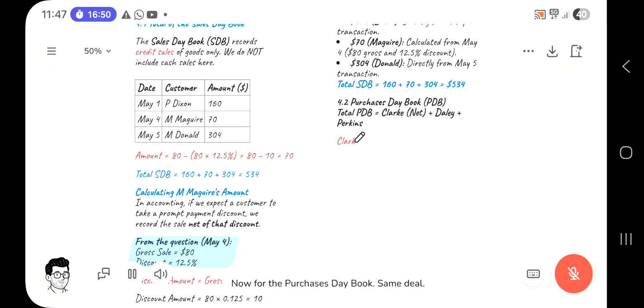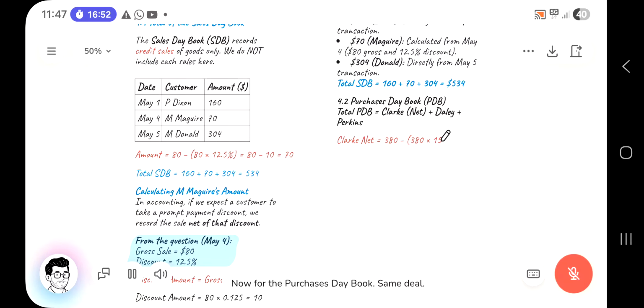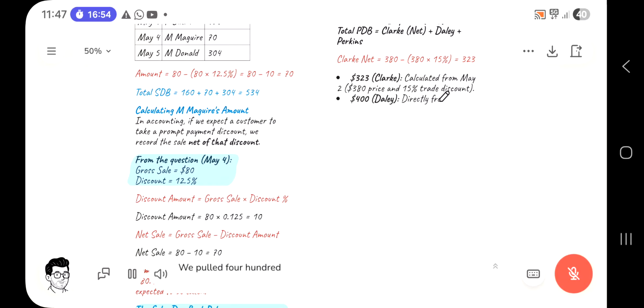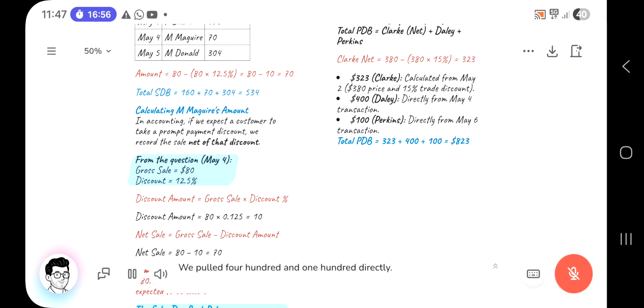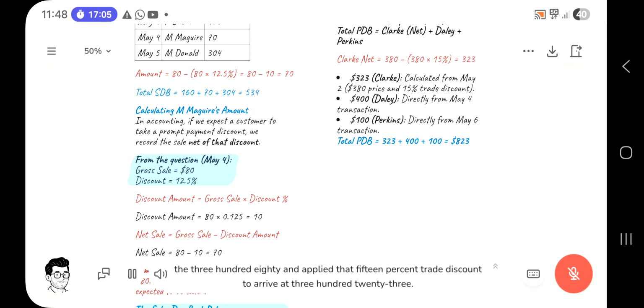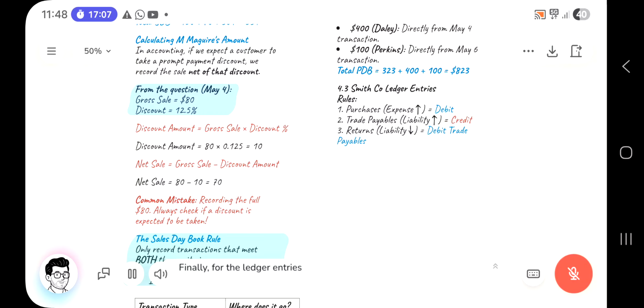We pulled 400 and 100 directly. For Clark, we took the 380 and applied that 15% trade discount to arrive at 323. Finally, for the ledger entries in 4.3, the 450 and 700 came straight from the question prompt for Smith Company. We just applied the debit-credit rules to decide which side they went on.